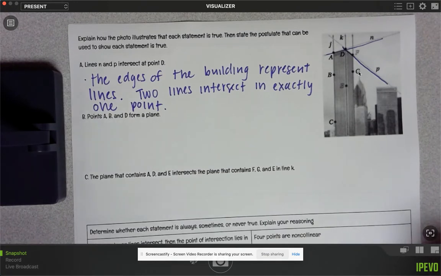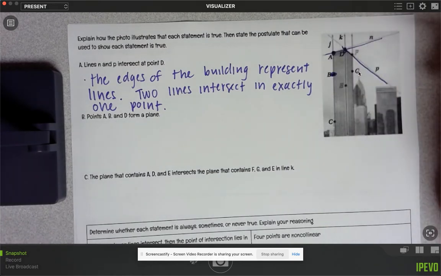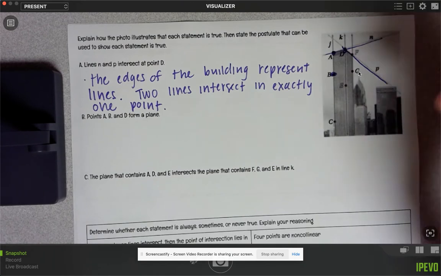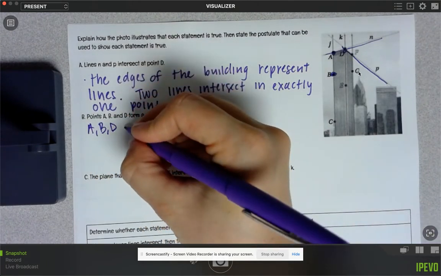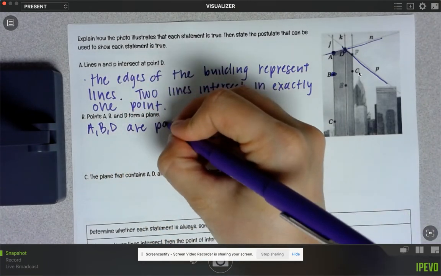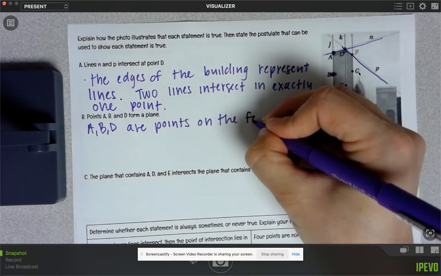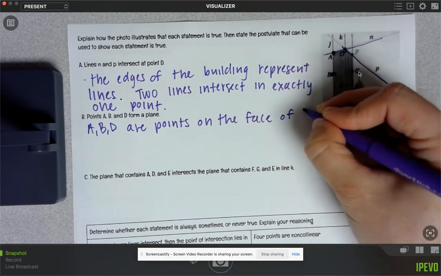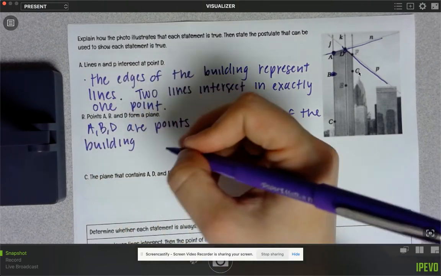Okay, this next one says points A, B, and D form a plane. Do you see A, B, and D? Do you agree that they're not all on the same line on that face of the building? So they do form a plane. So we can say A, B, and D are points on the face of the building, which represents a plane.